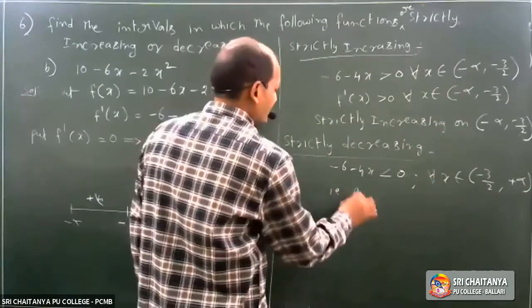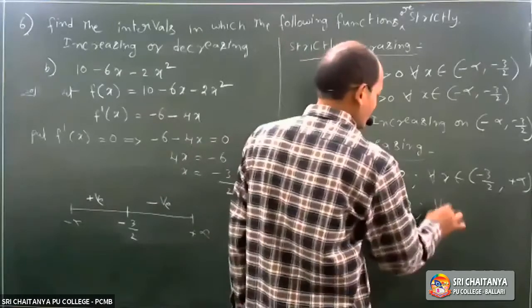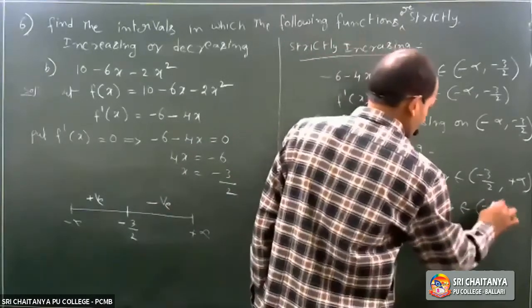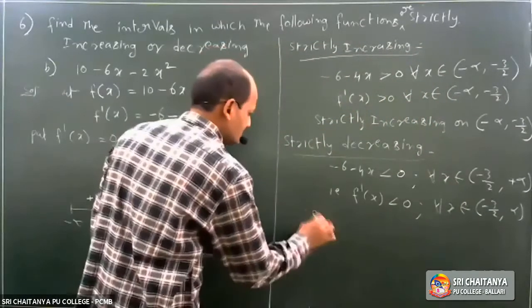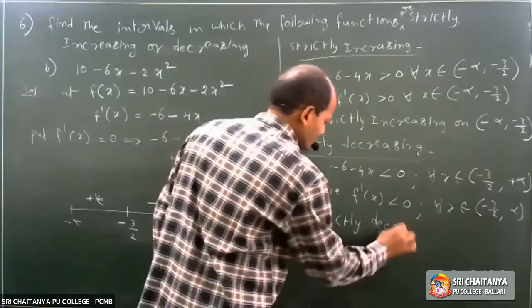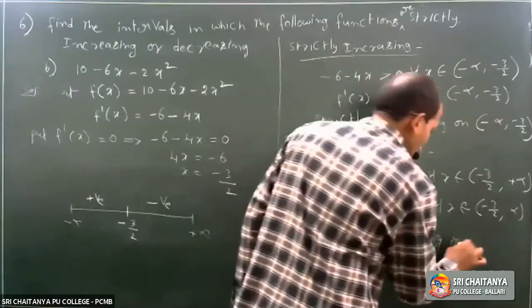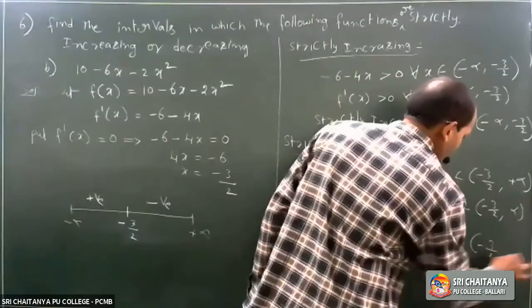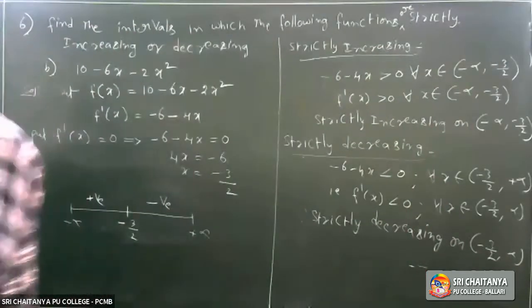That is, f dash of x is less than 0 for all x belongs to minus 3 by 2 to plus infinity. It is strictly decreasing on minus 3 by 2 to plus infinity. Okay? Copy this one.